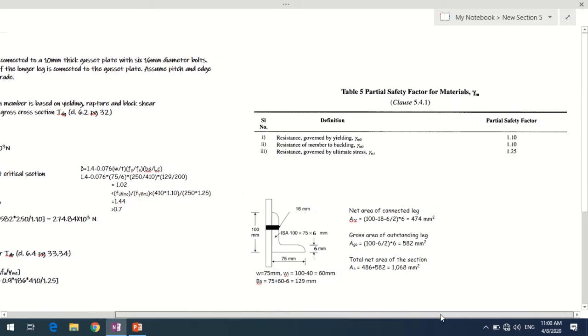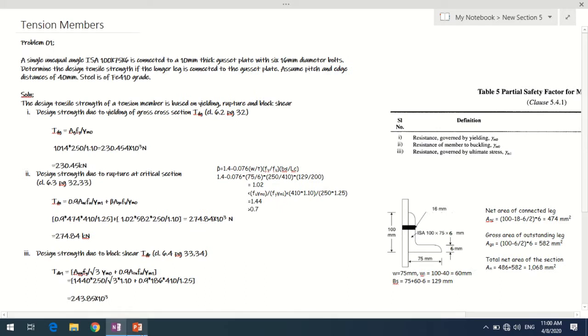If you refer to the resistance governed by yielding, it gives gamma m0, which is 1.1. That has been taken here, 1.1, and this gives us the design strength due to yielding as 230.45 into 10 raised to 3 newtons, that is 230.45 kilonewtons. This is one of the strengths we have.